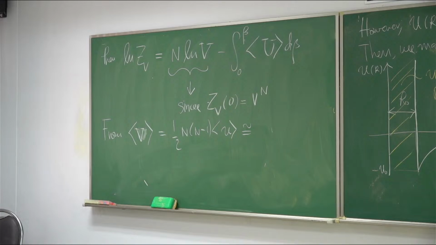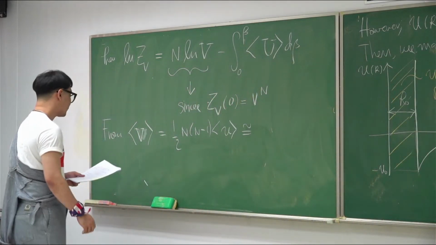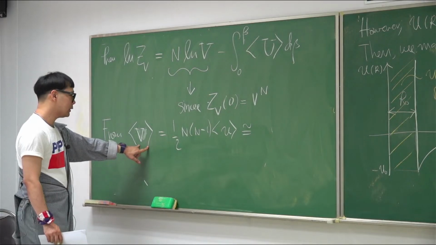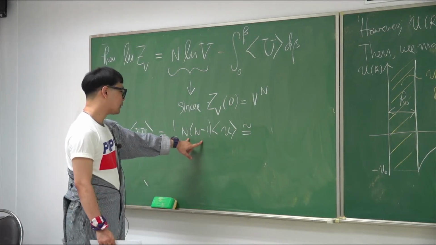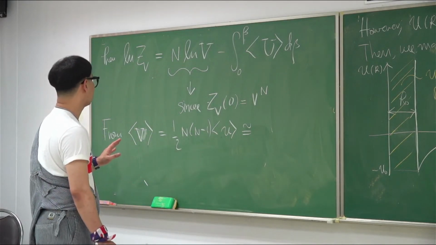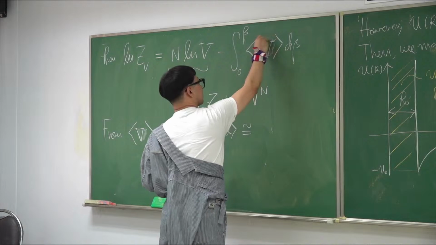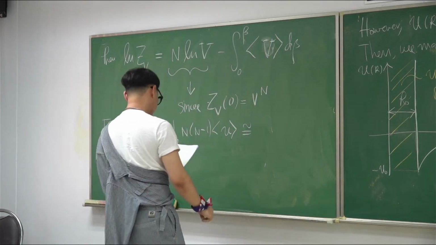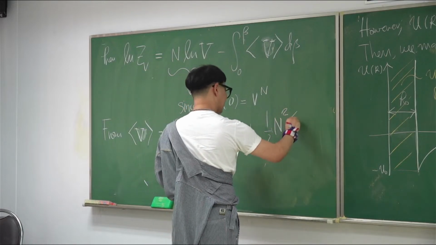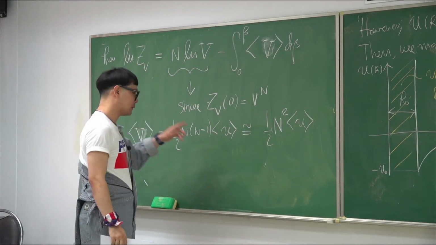Sorry about this. So you find that actually the expectation value of this could be written in terms of little u here. And you could do the approximation, right?